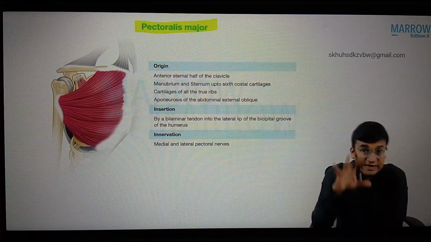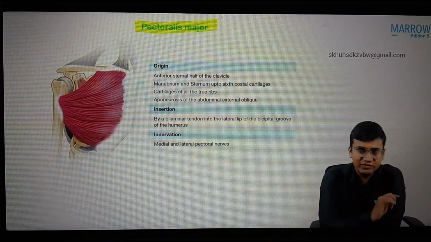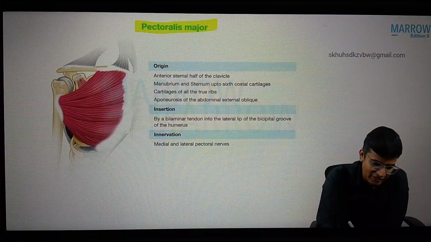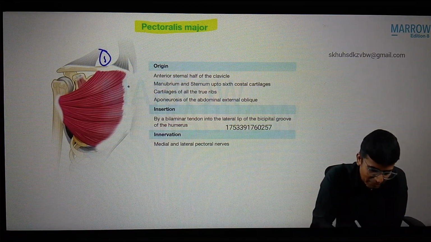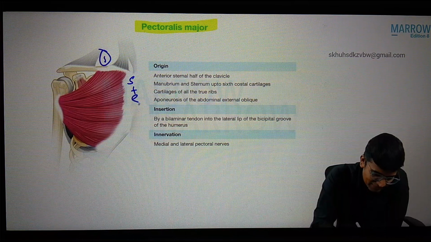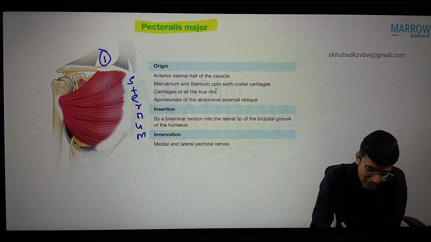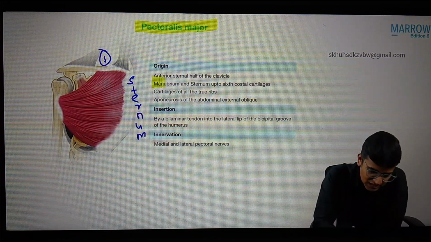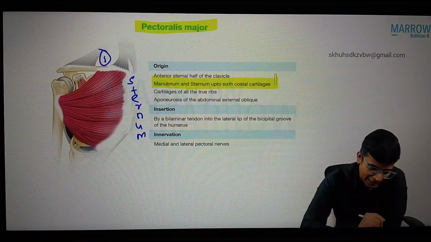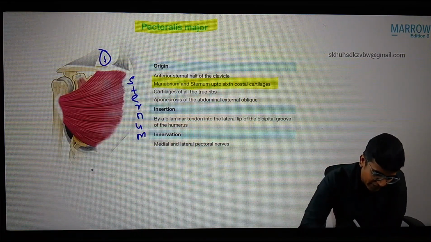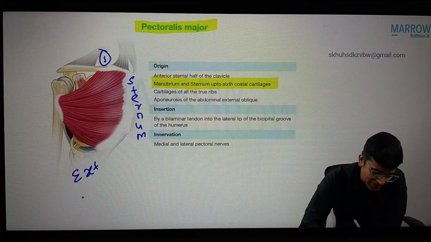Again, no need to know the exact origin point for this muscle. Pectoralis major muscle has origin from number 1, clavicle; number 2, sternum and the costal cartilage, up to the 6th costal cartilage. It also takes origin from the external oblique muscle aponeurosis.